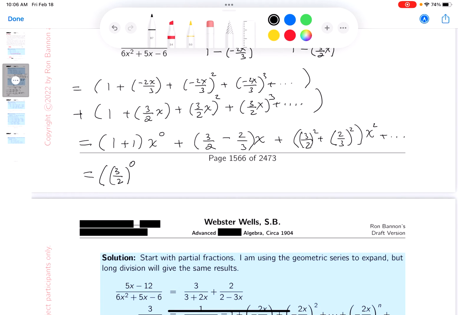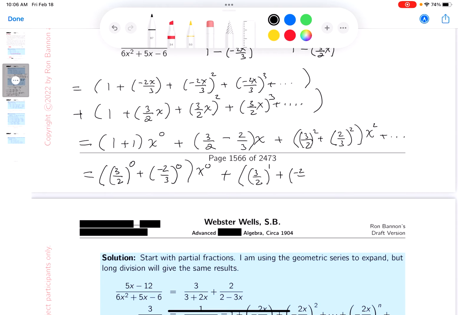There's none of those. And then I'm actually going to say plus minus 2 over 3, none of those, x to the 0. And I can write the next term down just like that. It's going to be 3 over 2 to the 1 plus minus 2/3.